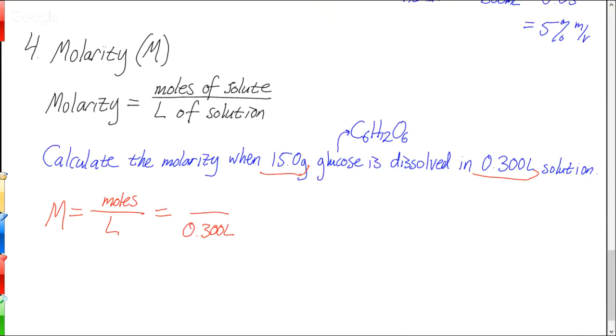I will just tell you that the molar mass or the molecular weight of that is 180 grams per mole. So if you add up those 6 carbons, 12 hydrogens, and 6 oxygens, you get 180 grams per mole. So we can use that to convert from the grams that we're given to moles, just like we've been doing for a while.